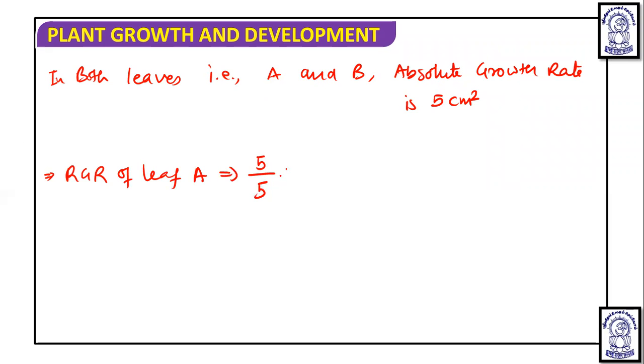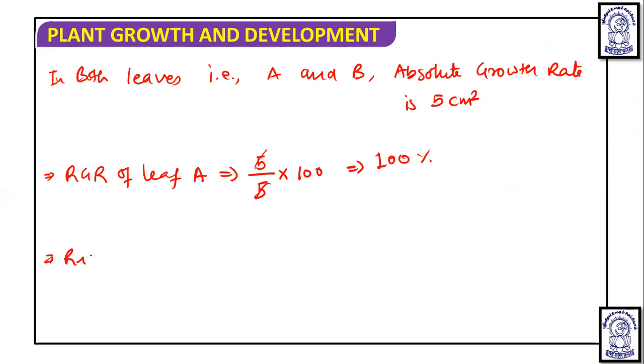And initial size is 5 centimeter square, into 100, so it is going to be 100% growth, because the initial surface area was 5 centimeter square, and after growth it becomes 10 centimeter square. Obviously, 100% relative growth rate is observed.